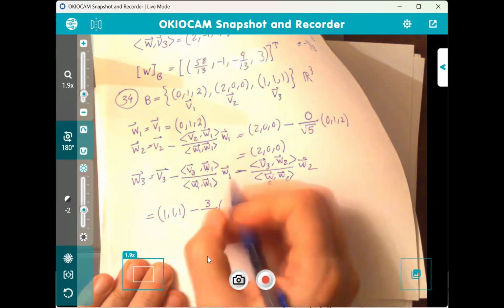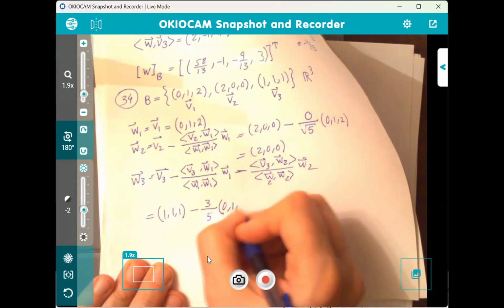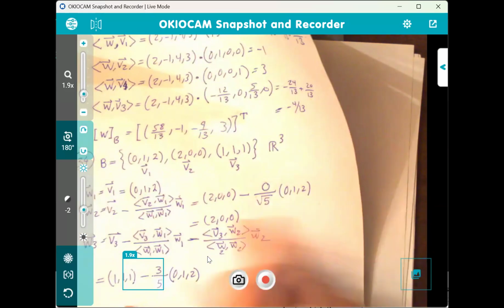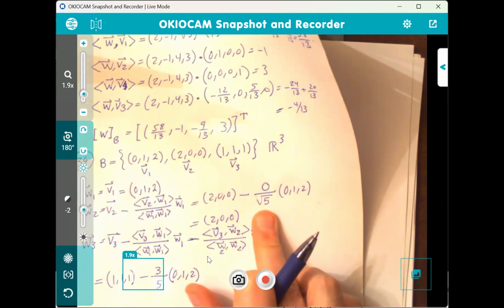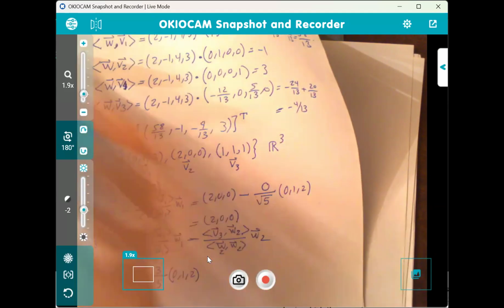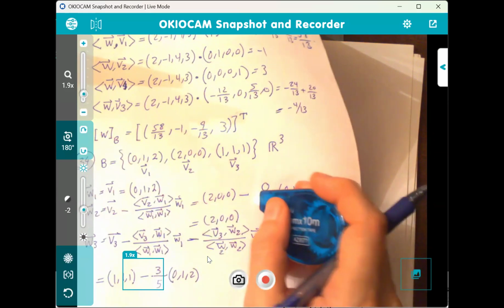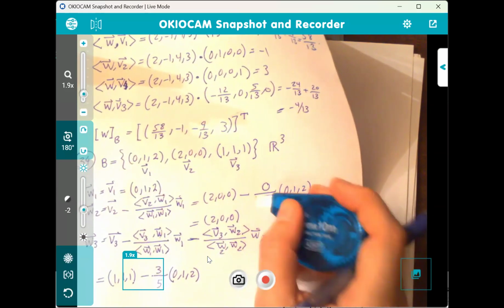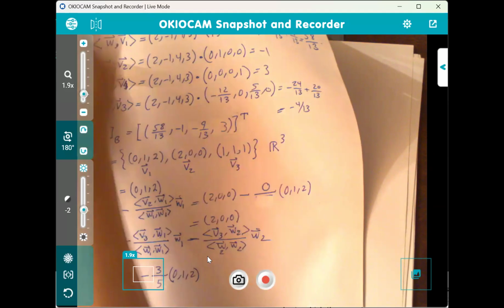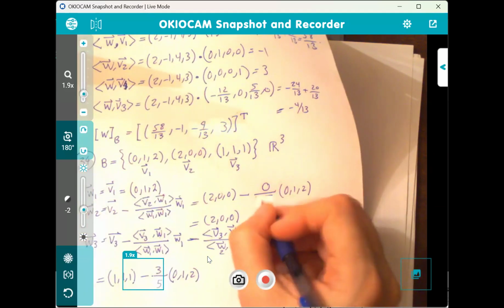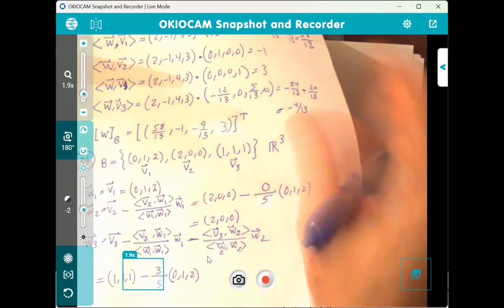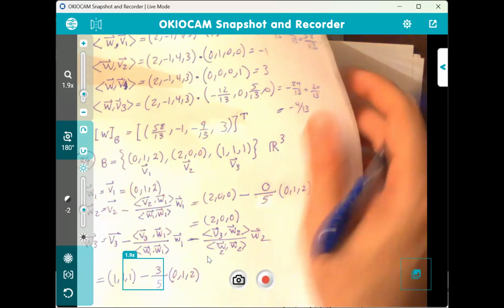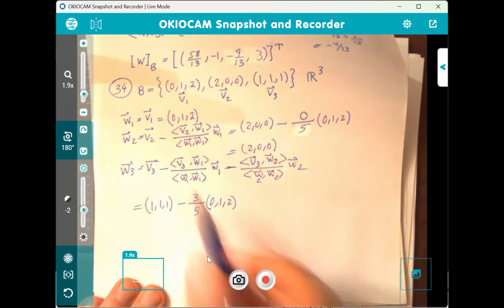Okay, times W1, which is 0, 1, 2. So up here also, this should be 5, not the square root of 5. Again, the dot product of a vector with itself gives you the magnitude squared. So that's just going to be 5. The answer won't change because 0 over 5 is 0. Okay, so we got this part right.